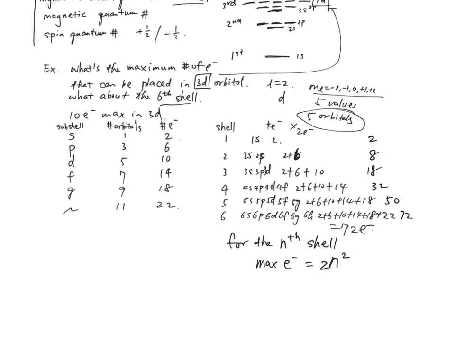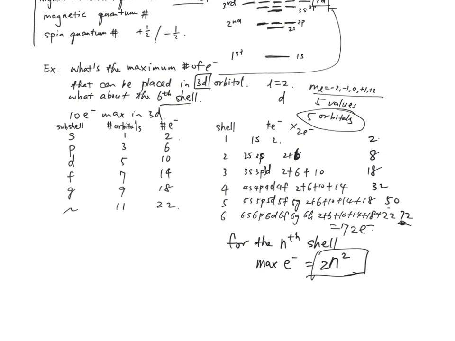And you can look at each of them. 2 times 1 squared is 2, 2 times 2 squared, 2 times 4 is 8, 2 times 3 squared, 2 times 9 is 18, 2 times 4 squared, 2 times 16 is 32, 2 times 5 squared, 2 times 25 is 50, and 2 times 6 squared, 2 times 36 is 72. So the maximum number of electrons in the nth shell is 2n squared, something you can calculate pretty easily if you're asked that.